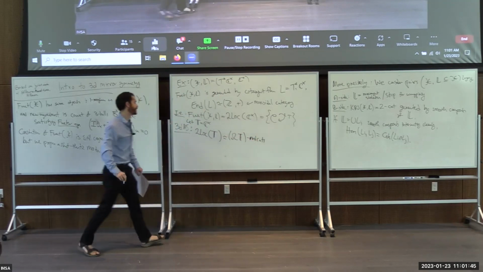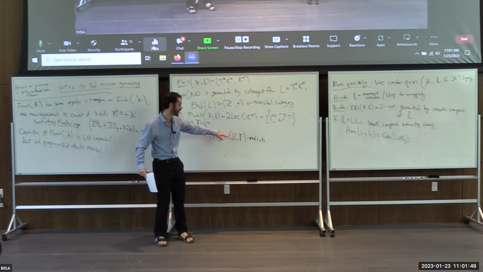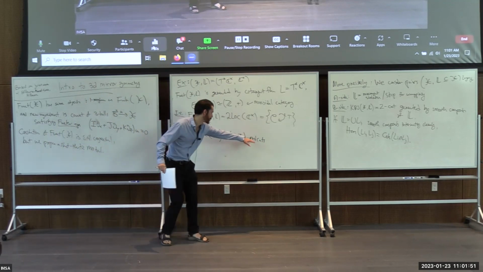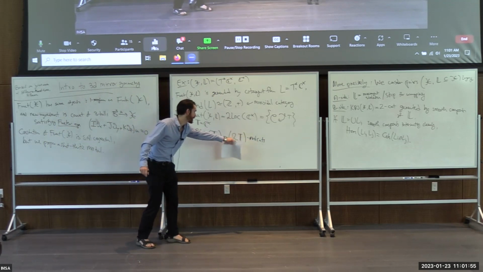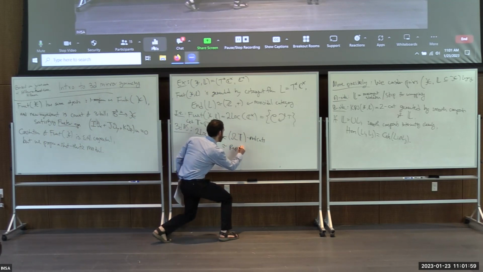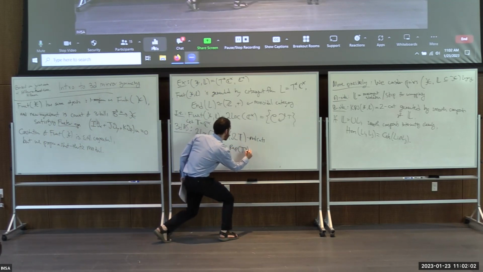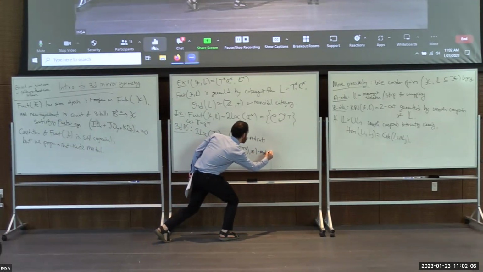So I'm thinking of the linearization of based loops on T as a monoidal category. I can take its 2 category of module categories for that monoidal category. Of course, this thing is just the category of representations of the dual torus, Rep T check, with its monoidal structure of tensor products, module categories.